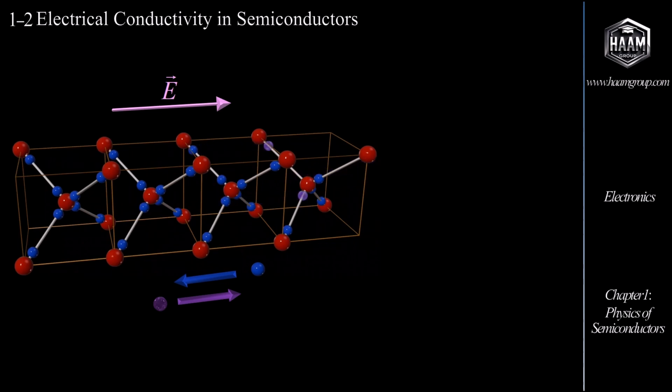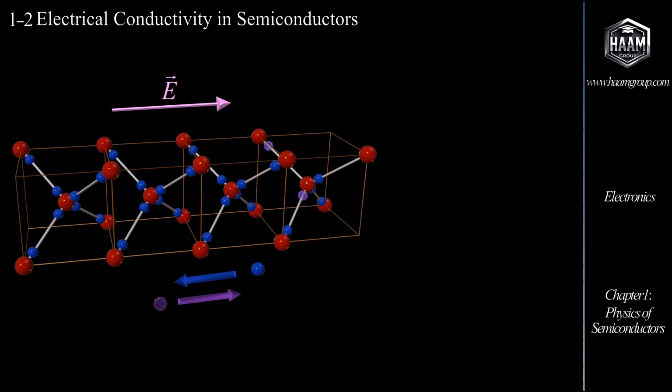Instead, it appears the holes themselves are moving in the direction of the field. In reality, though, it is neighboring electrons moving opposite to the field that are filling the holes. Therefore, here the motion of holes is an ordered motion, and it results in a conductivity arising from holes, which we denote as sigma sub p.